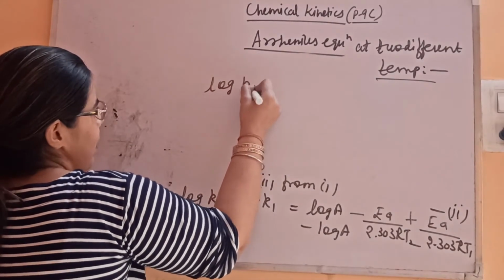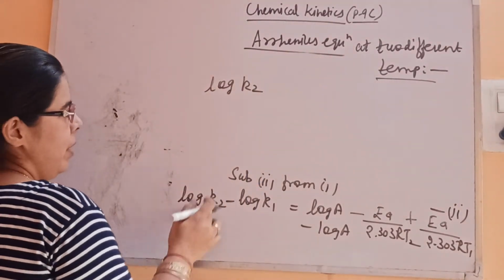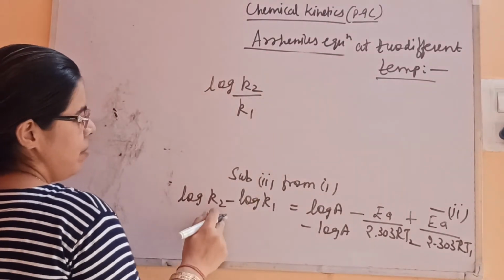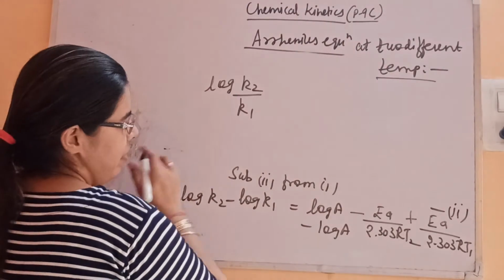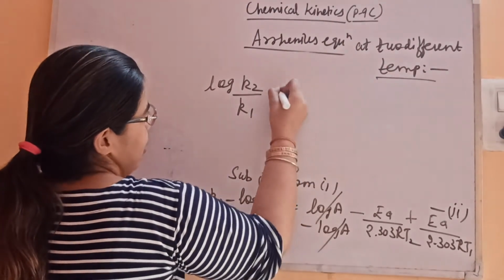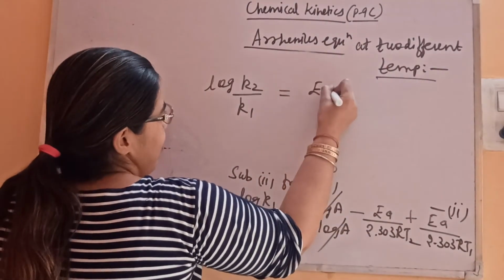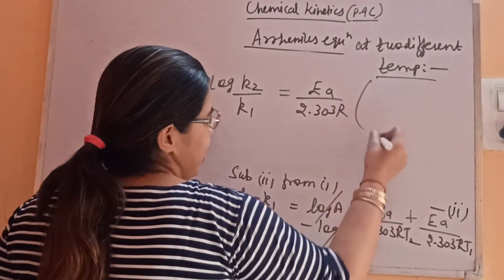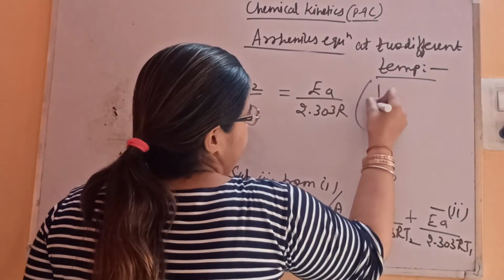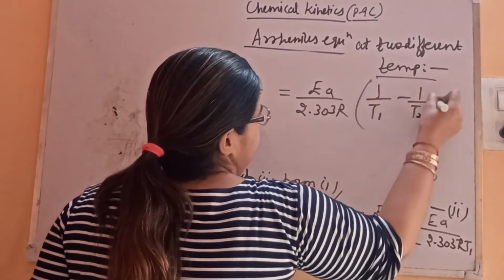When we apply the formula for log, this will come in the denominator, log K2 by K1, as it is minus. If it is a plus, then it will come in multiplication, so it will come in division. This will get cancelled out. Taking common EA upon 2.303 R, in bracket 1 upon T1 minus 1 upon T2.